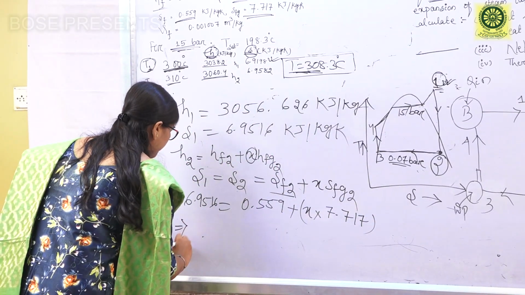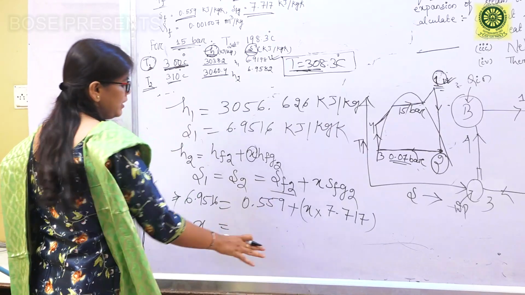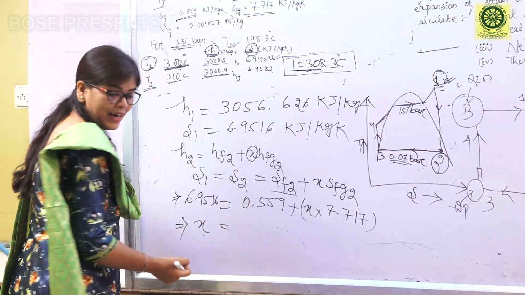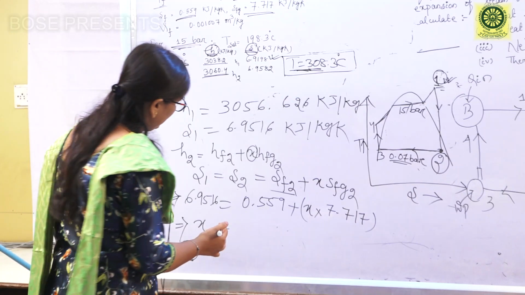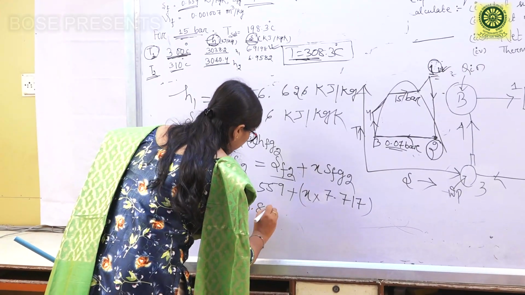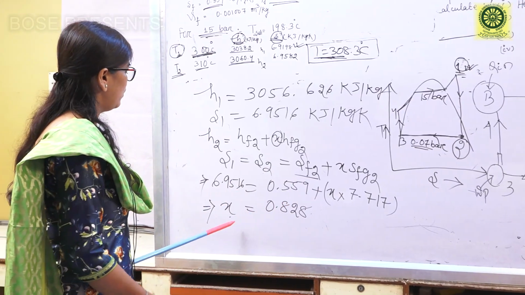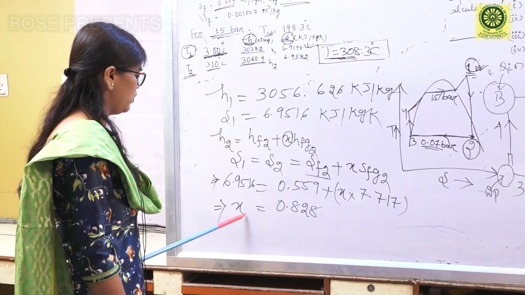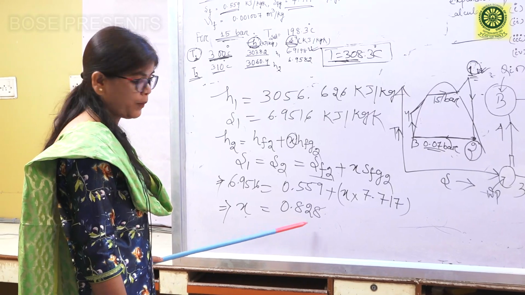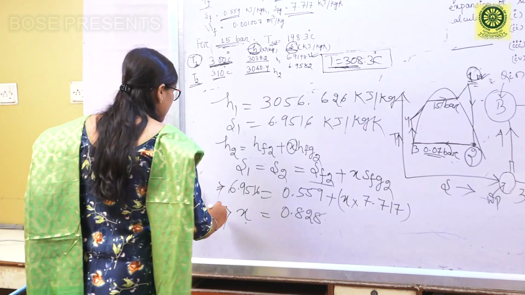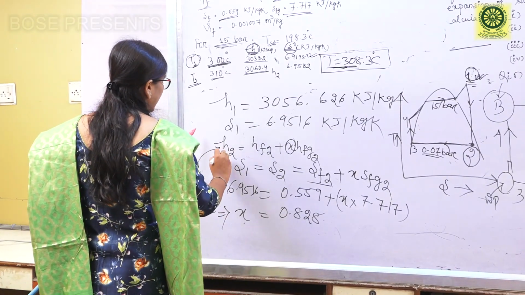So calculate this, and you are going to get the value for X, and this is 0.828. Just calculate it, and you are going to find out the value for your dryness fraction, and it will be 0.828.